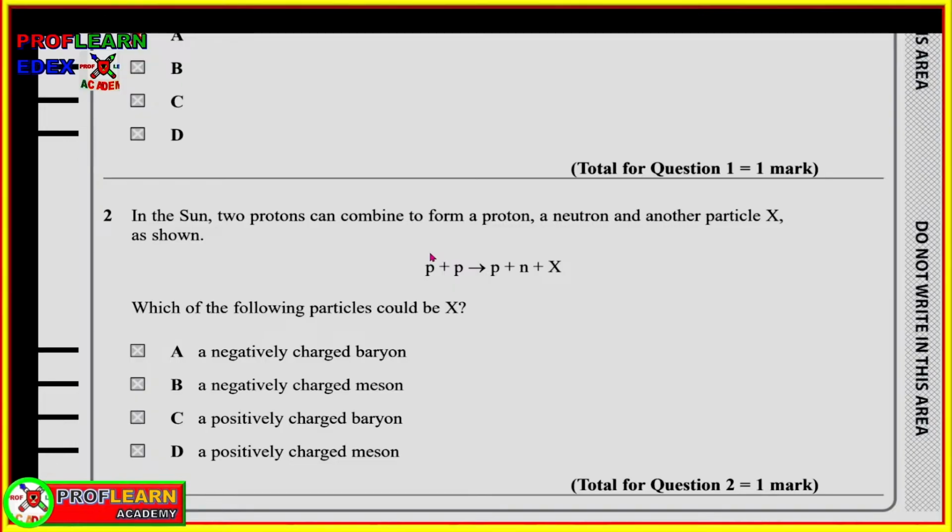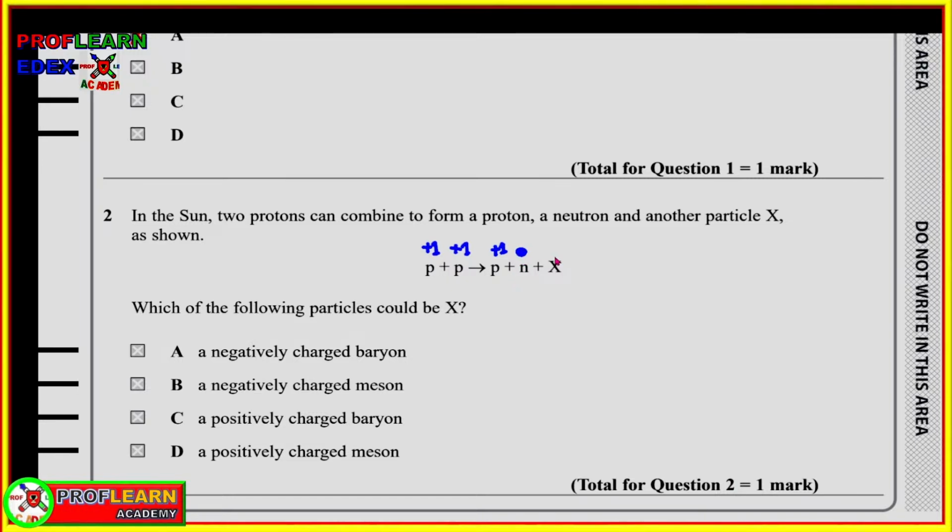Which means that for the reaction to take place, charge must be conserved. So we have positive charge plus positive charge, and then we have here positive charge, and then this neutron has no charge, 0.